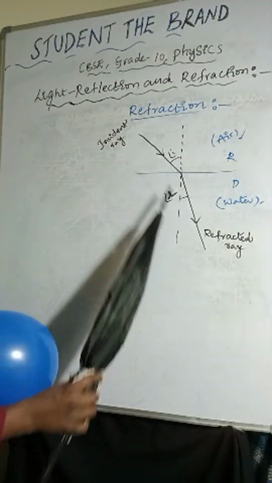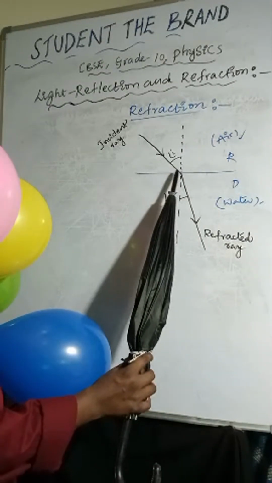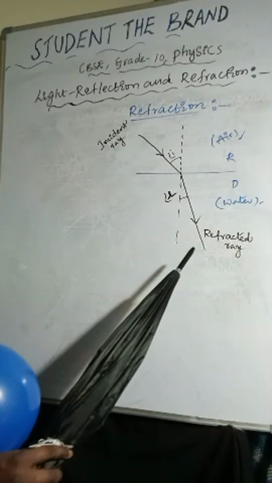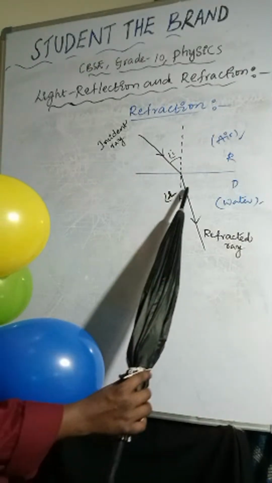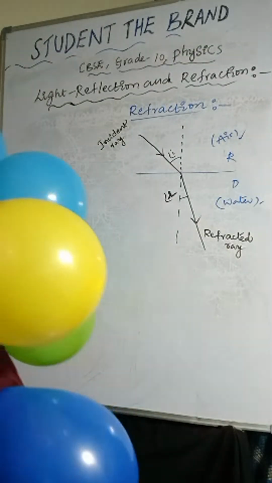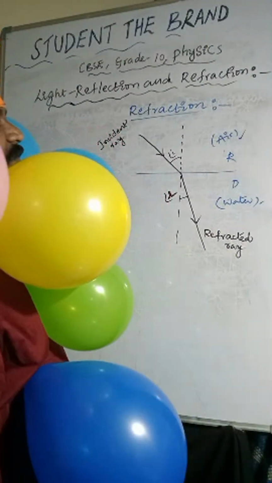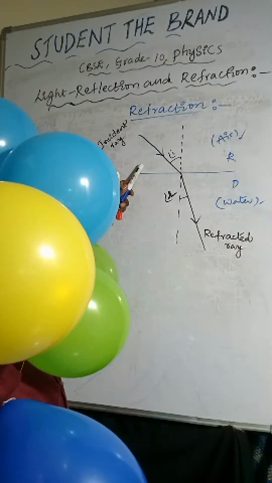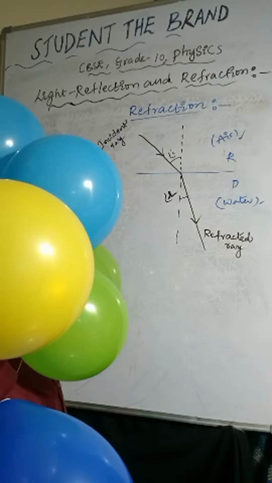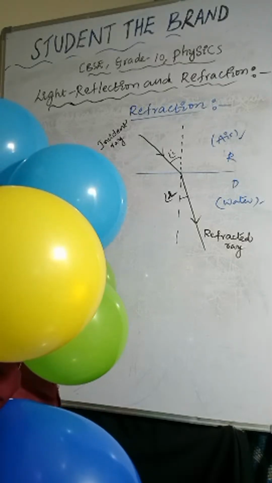This phenomenon of bending of light, or changing the path of light at the interface of the two media, is called refraction of light. I hope it is very clear.